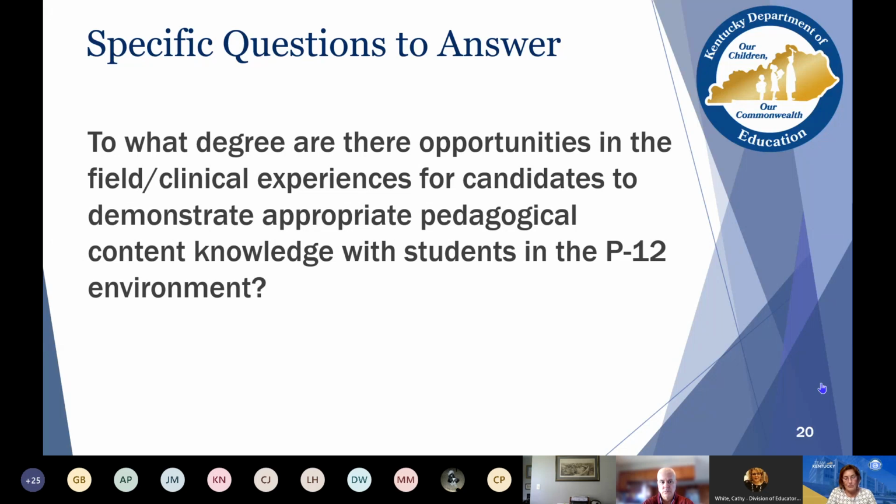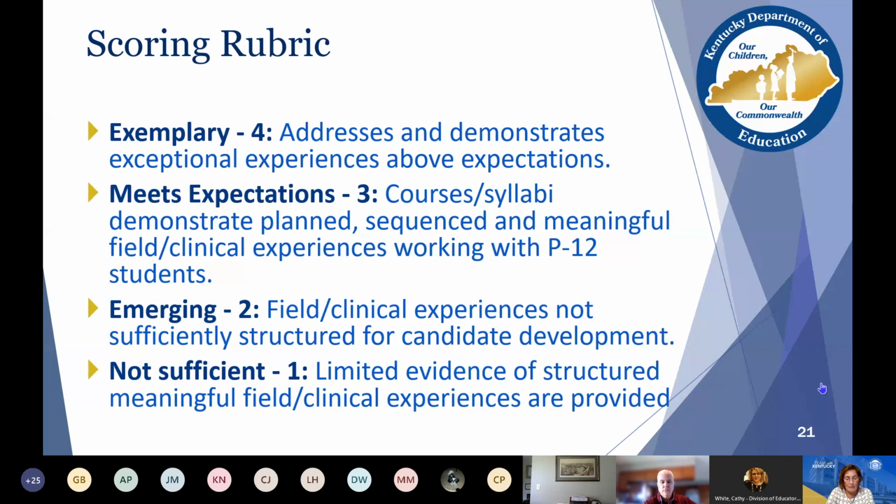So one of the things that we're asking you to review and give us a response on is how they prepare for these. When you look at this rubric on the field clinical experiences, you'll notice that we have the same 4, 3, 2, 1, and you're reviewing the program, courses and experiences. Look at the meets expectation on this one. This one's critical. The courses and the syllabi demonstrate planned, sequenced, and meaningful field clinical experiences.